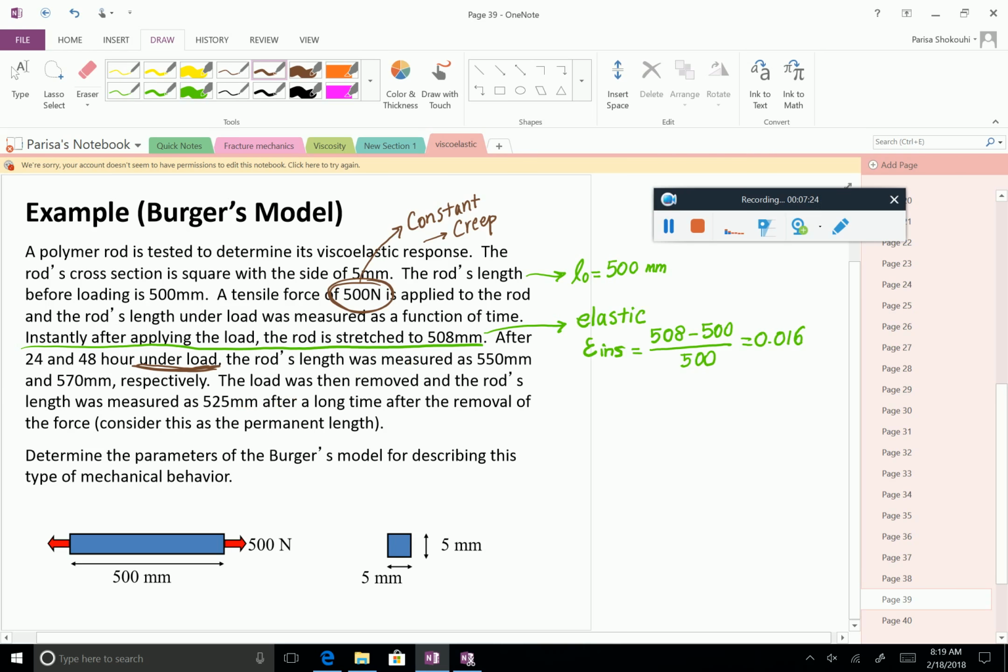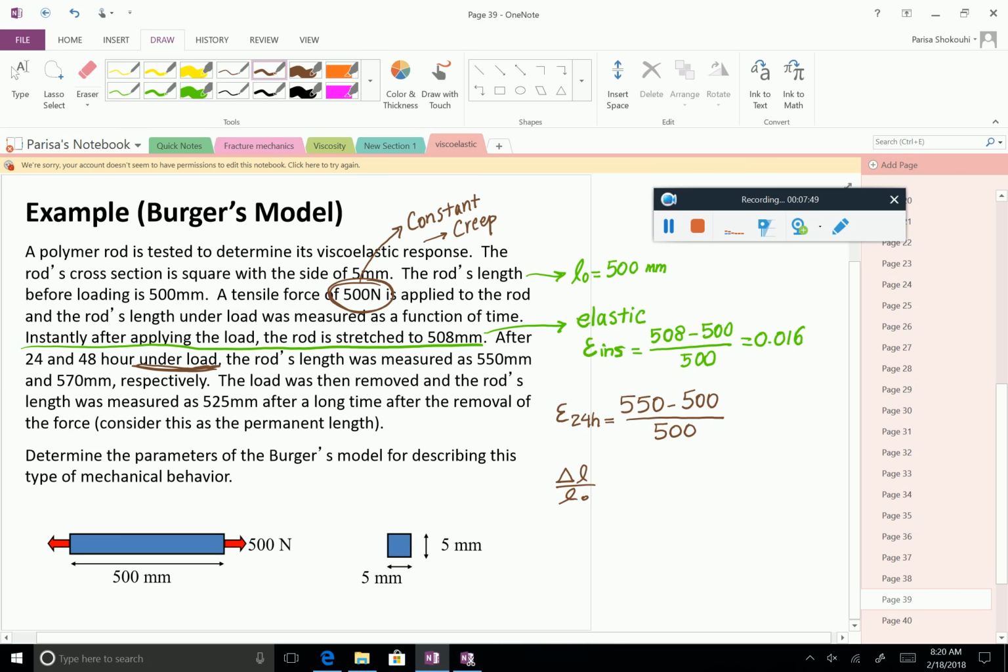So at 24 hours, the rod is 550 millimeter. So again, minus the original length over the original length. So all we are doing is really looking at delta L over L0.